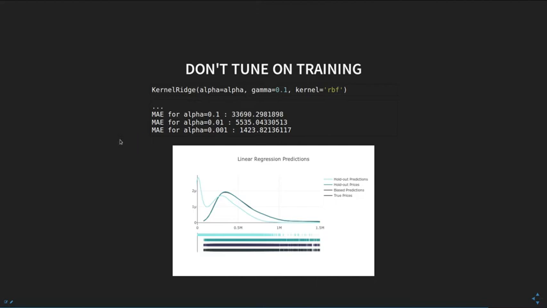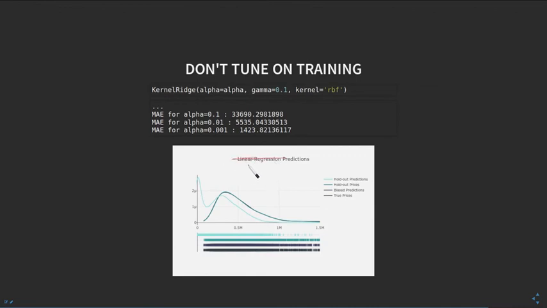But because we only evaluated on training, this will probably go down even way more until we have the most perfect fit we can imagine. But if we visualize this based on the predictions on our holdout set, which is our hidden set, and this should also not have been linear regression predictions, but kernel ridge.